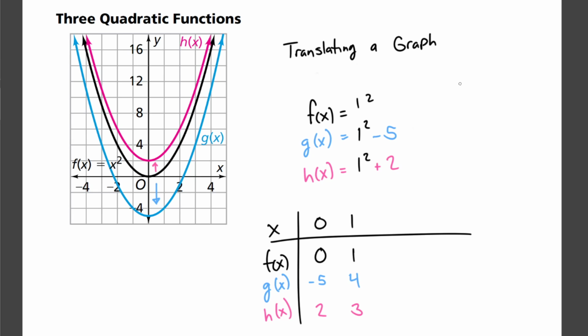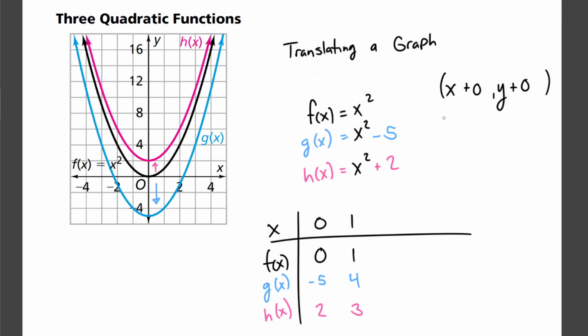Now, when we're looking back at those directions that I talked about earlier, I said we had x and y, and that these functioned as our directions, correct? For f of x, there is no change. X is the same and y is the same because it's our original.